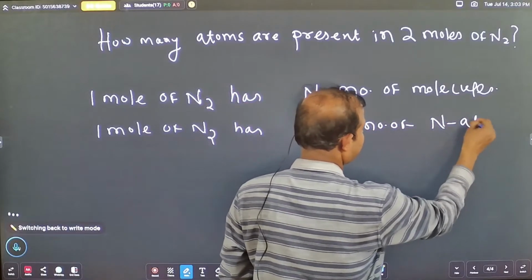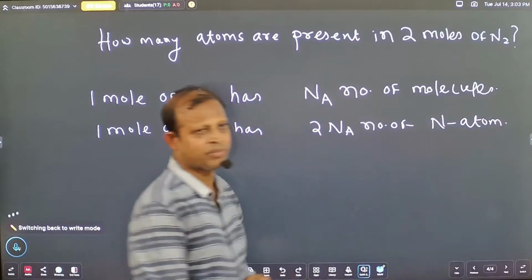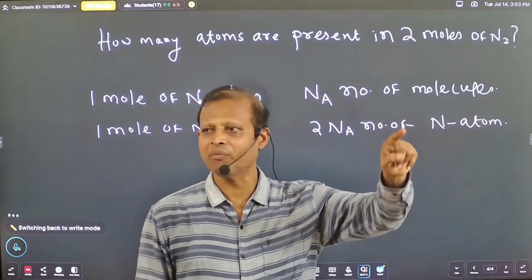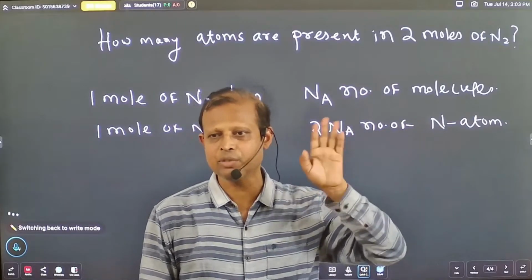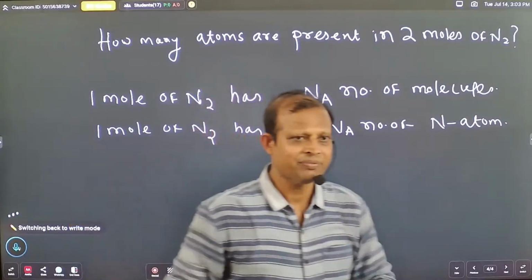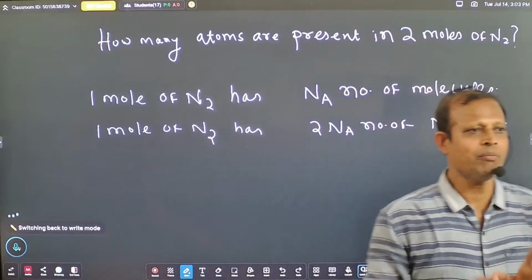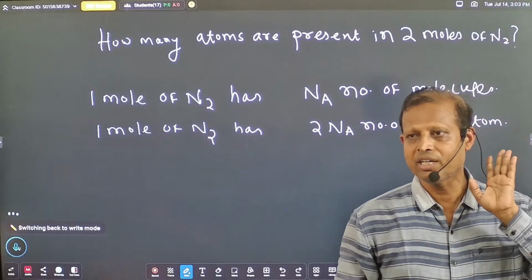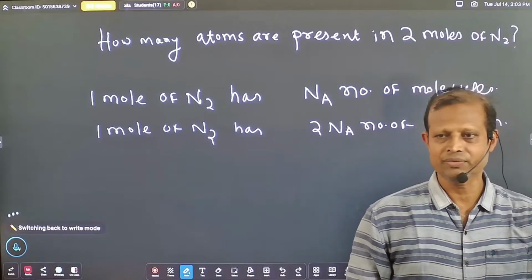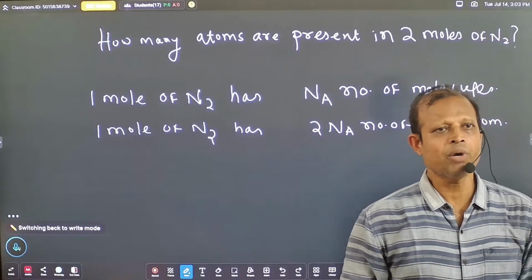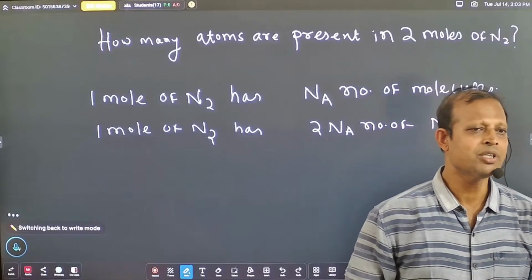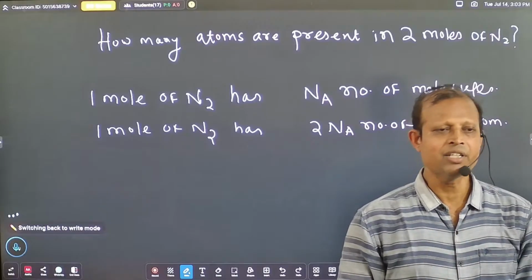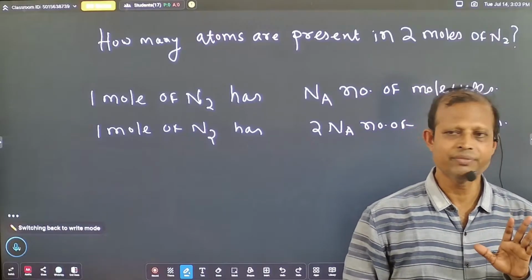Can I write like this? Because N2 means 2 atoms combined together to form a molecule. 1 mole of N2 has 6.022 into 10 to the power 23 molecules, and 1 molecule has 2 atoms. So 1 mole of N2 has 2 into 6.022 into 10 to the power 23 atoms, that is same as 2 Na, right?